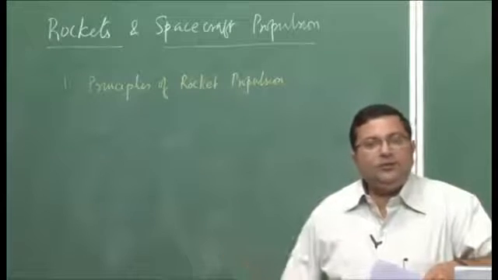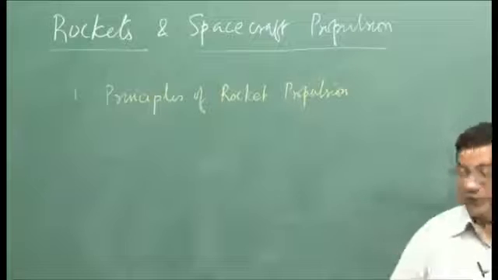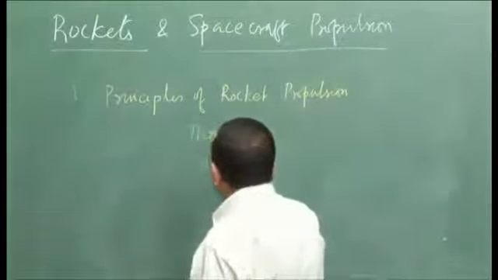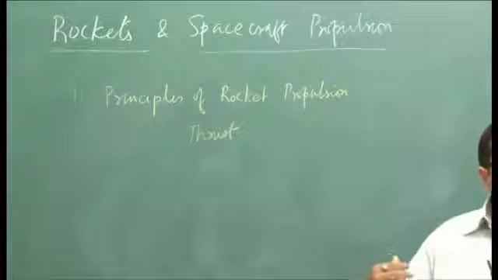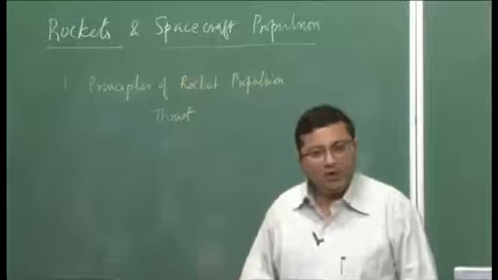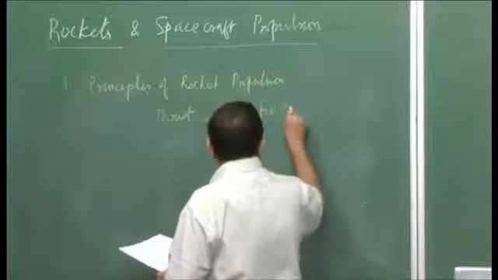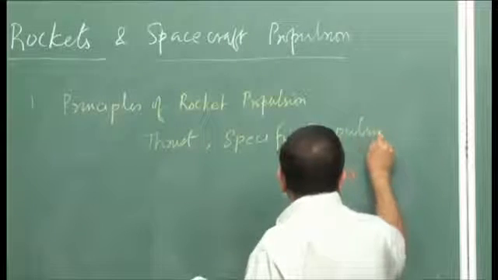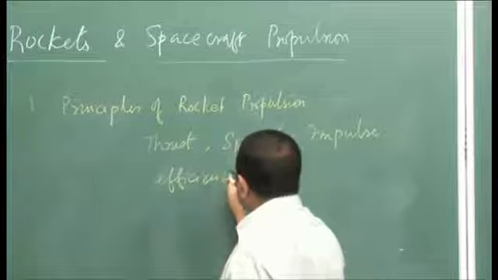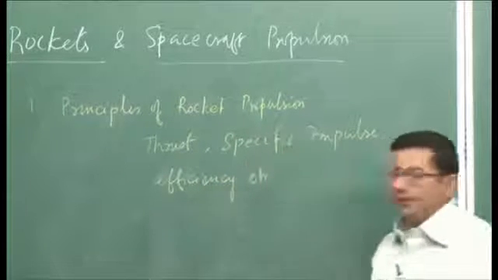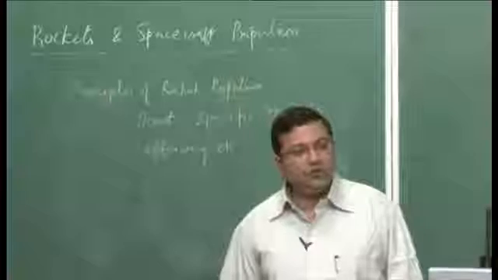So, in this topic we are going to talk about how thrust is created, okay, and we will get the thrust equation. So, we will define thrust and see how it is created, and we will define other parameters which are used in rocket propulsion like specific impulse, then efficiencies, etc. Okay. So, we will define various parameters, performance indices that are used in rocket propulsion.